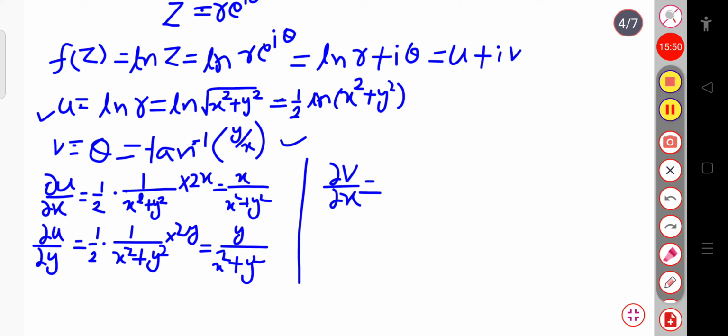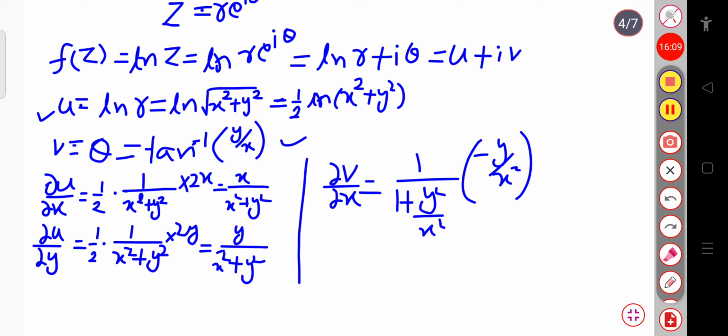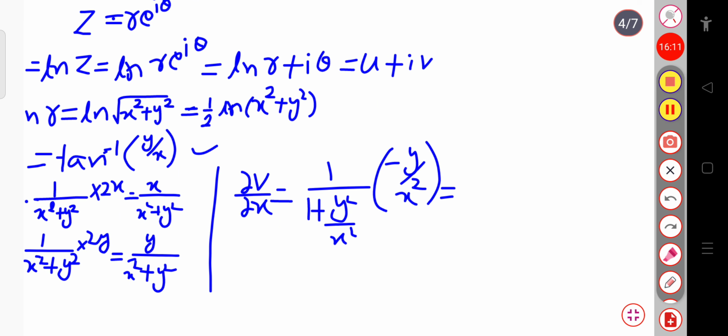So this will be 1 by (1 + y²/x²) into the derivative of y by x again. So y will be constant, so this will be minus y divided by x square. This is equal to minus y, x square gets cancelled, divided by x square plus y square.